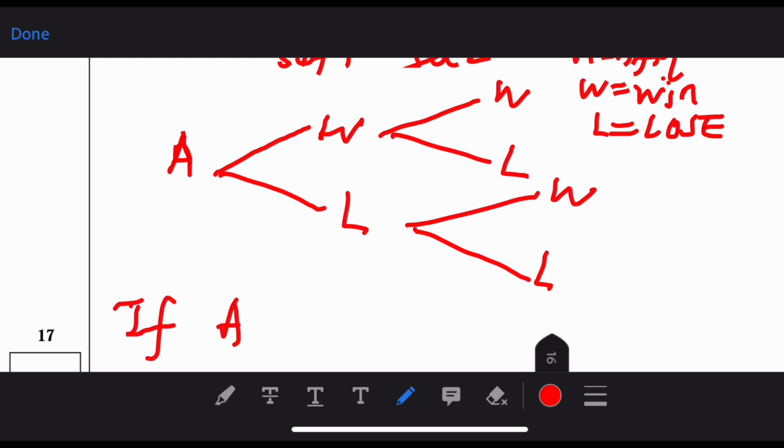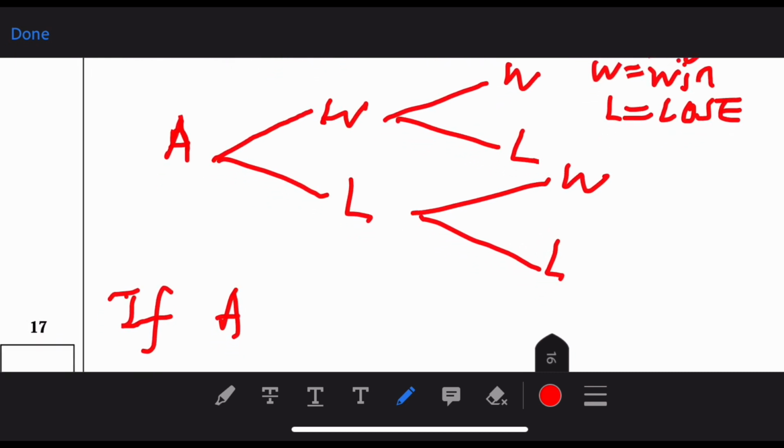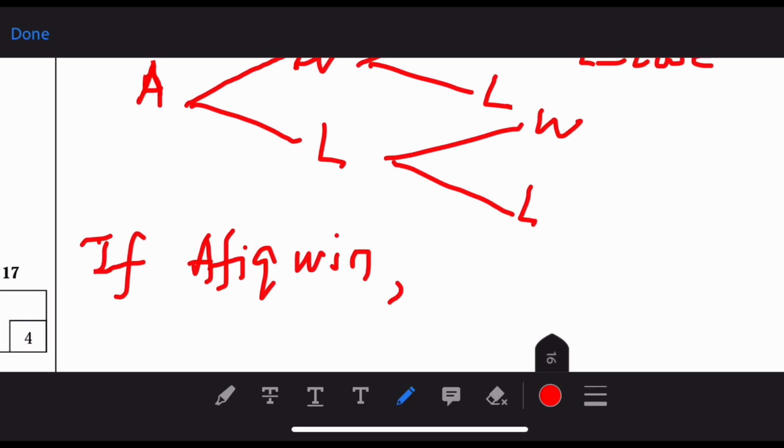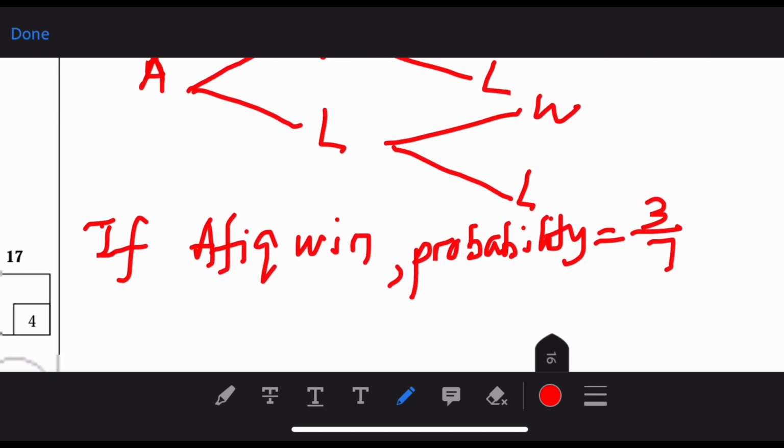Alright, so if Afid wins, the probability is given as 3/7. So for the complement case of the probability, the chance for Afid to win is 3/7.